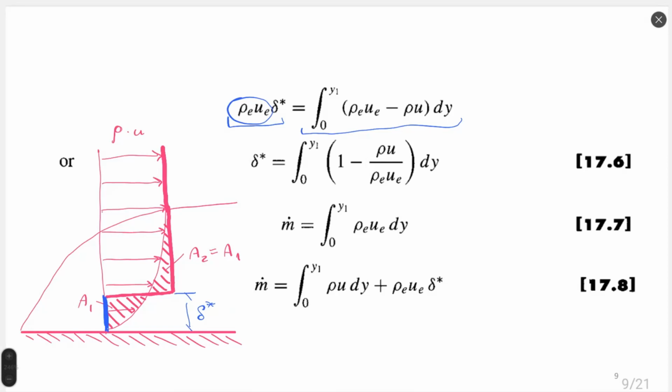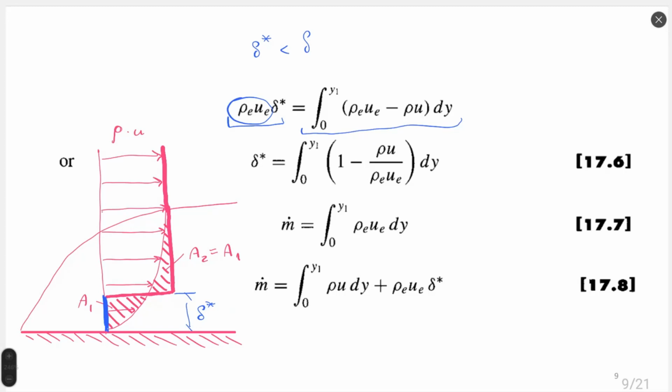When we calculate in SI units, this also gives us the dimensional value of displacement thickness. Once we analyze this function, we will see that delta asterisk is always smaller than the thickness of the boundary layer, due to this area relation.